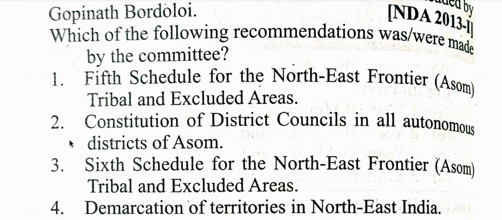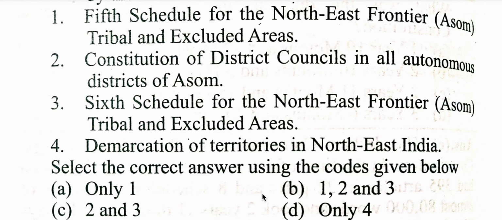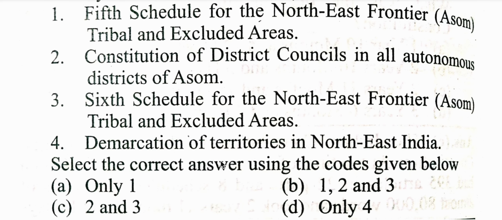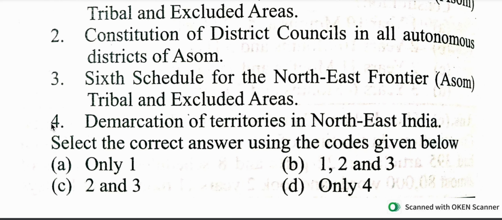Second statement is constitution of district councils in all autonomous districts of Assam. Third statement is 6th schedule for the Northeast Frontiers, tribal and excluded areas. Fourth statement is demarcation of territories in Northeast India. So here we have to choose the correct answers. As per the committee recommendations, only the fourth statement is correct. Okay, only option D is the correct answer.